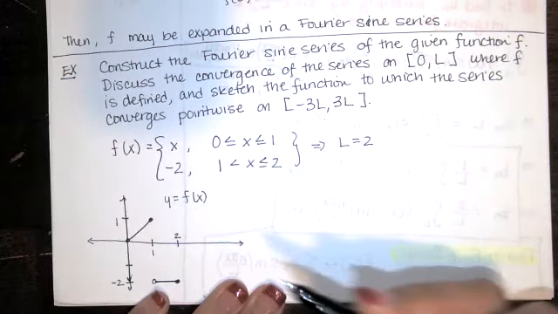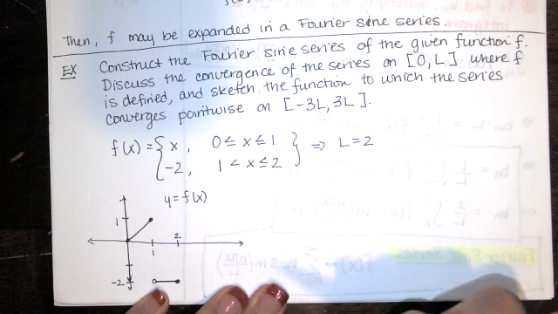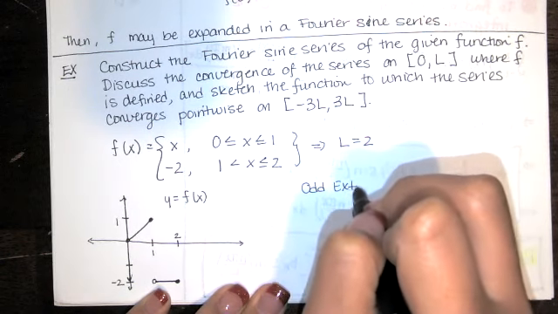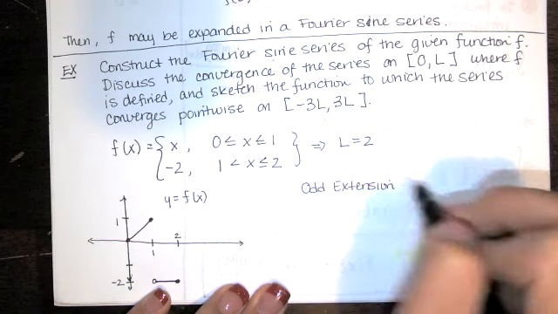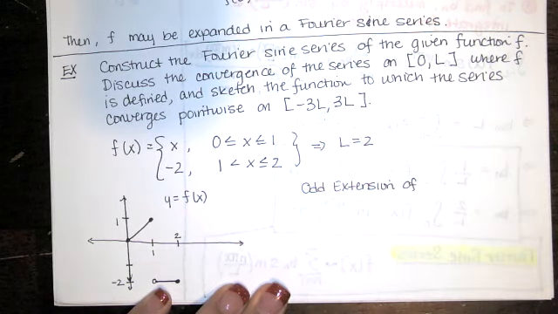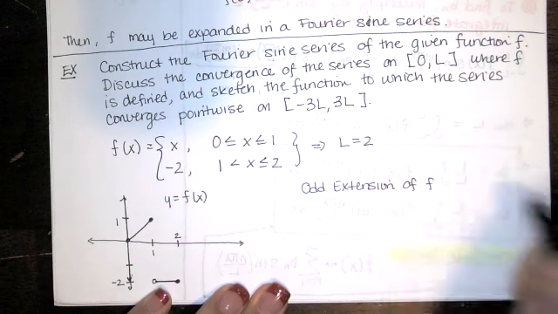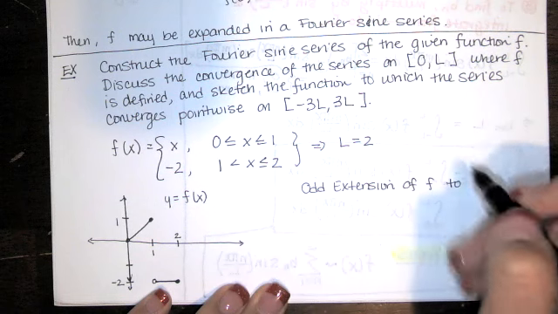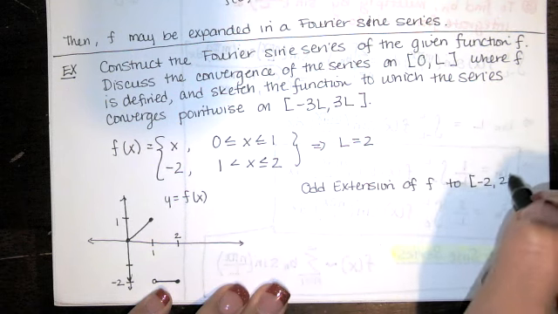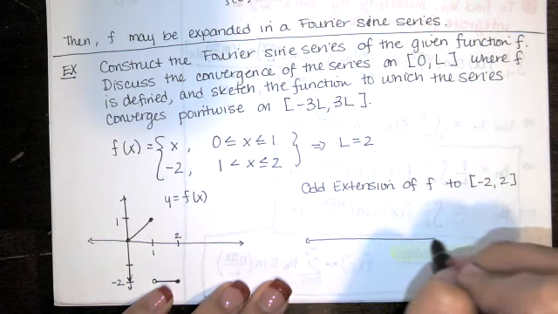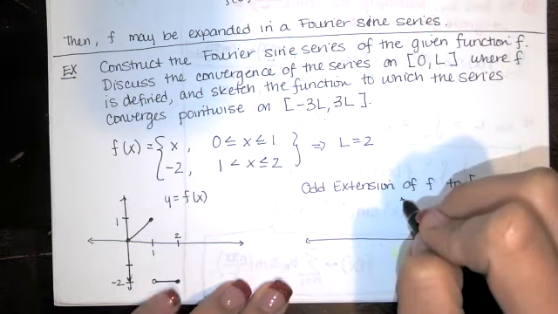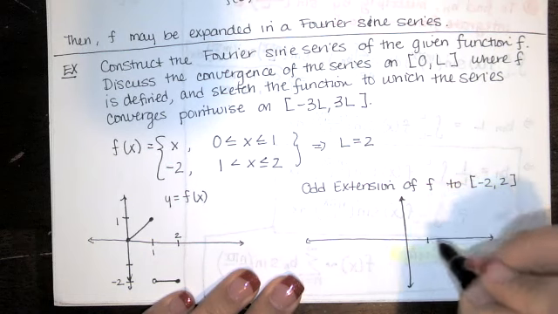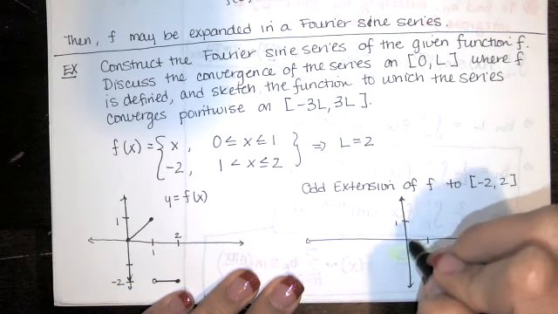So if I want to construct the odd extension of f now, we're going from 0 to 2 to negative 2 to 2. We'll have the following. On the interval from 0 to 1, we still get x.